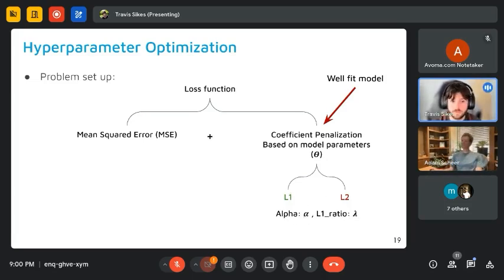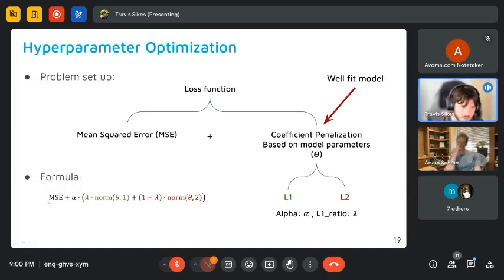So these two variables are the ones that we care about. I suppose I should have shown the formula here. The total thing that we are minimizing is the mean squared error, which is all of the residuals, plus this alpha value, which is the strength of penalizing the coefficients, times the norm of those values.